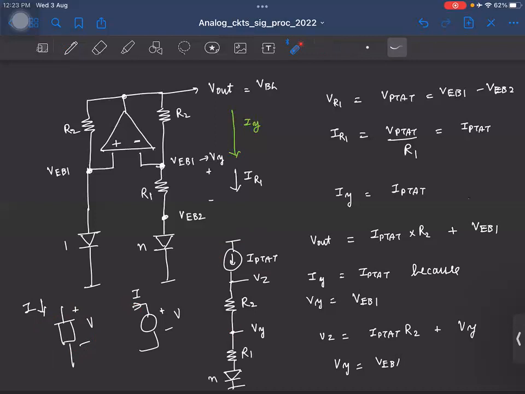We were doing a lot of things and making sure that this current is PTAT current. Now I turn the argument around and say that if I somehow make sure the current in this branch is PTAT, then this voltage will be equal to this voltage, right? These two will be identical. Is that okay?